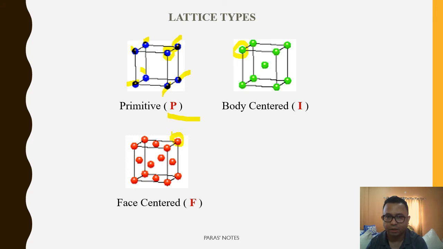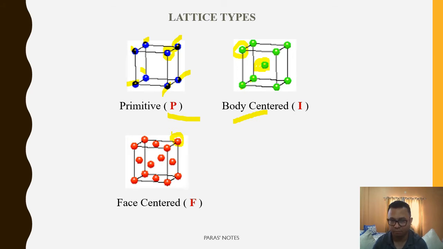Next, now let's go to the next structure, body centered. In a body centered, in addition to the 8 corners, now already 8 corners are there. You can see 1 2 3 4 5 6 7 8, 8 corners already there. Now the particles are not only occupying the 8 corners of a cube, but there will be one solid particle somewhere in the middle. Here you can see in the middle of the crystal. This is inside the body of that unit cell.